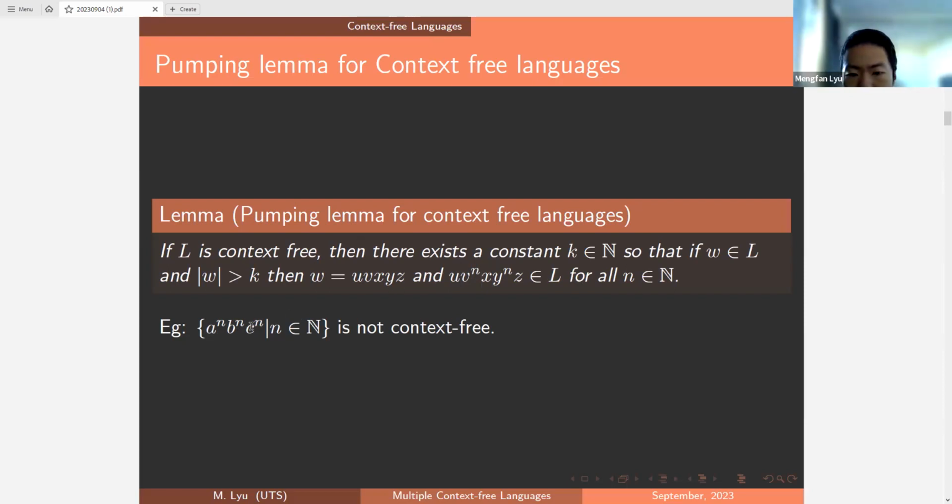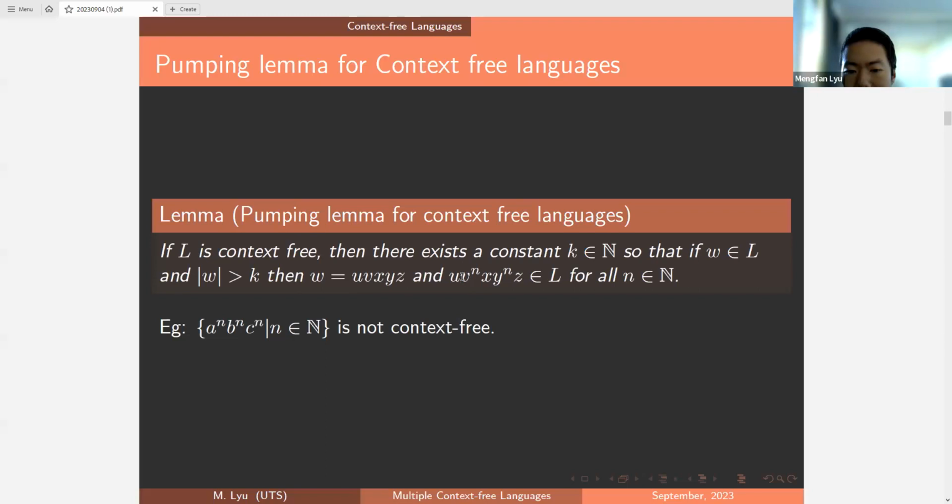For example, if we choose v as A and y as B or C, then by doing this pumping, the power of A and B or C will increase, but the power of the other letter will stay the same.